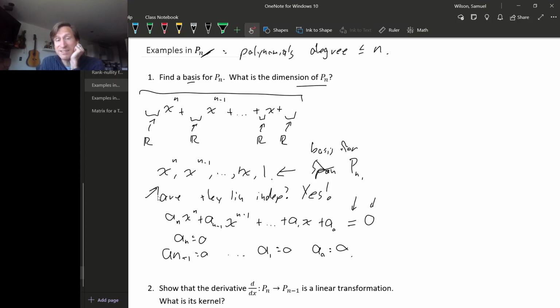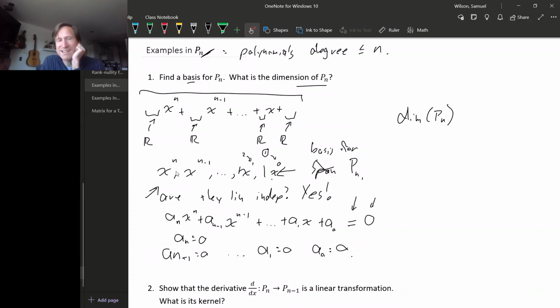All right, so what is the dimension of P sub n? Now that we have a basis for P sub n, we just need to count up how many elements there are in this basis. So for P sub n, how many things are there? Well, there's 1, 2, 3, 4, and so on. You can see that these numbers that I'm using to count are always 1 greater than the corresponding exponent on x.